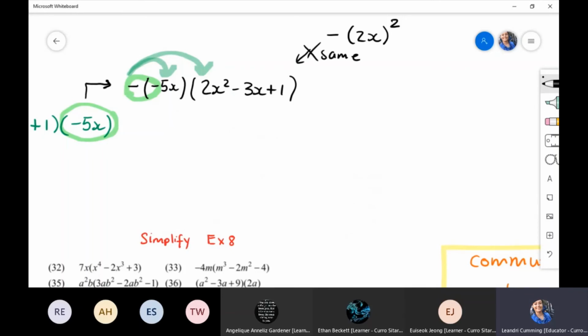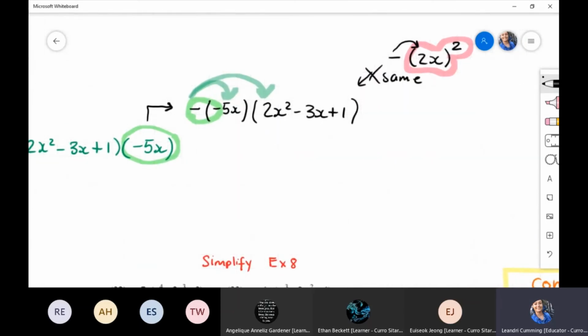Here, I have to first sort out my power. The rule is brackets take priority. Powers need to be simplified with a monomial, and then after that, I can multiply that sign in. But here, I have nothing that is going to change the nature of this bracket or this bracket.